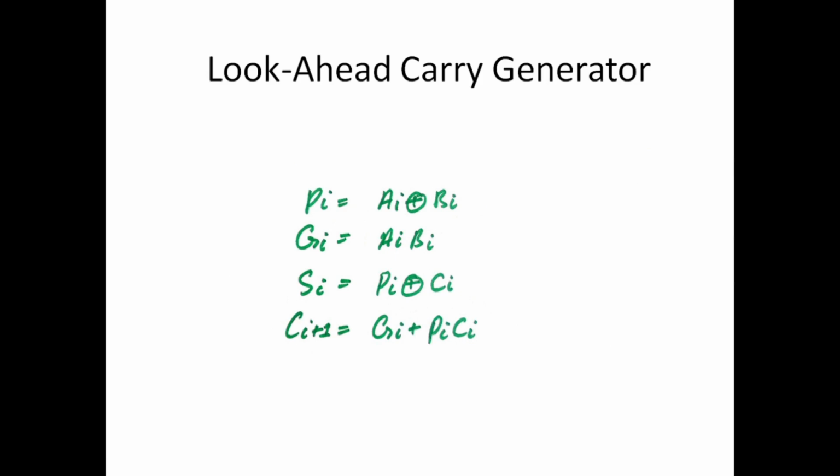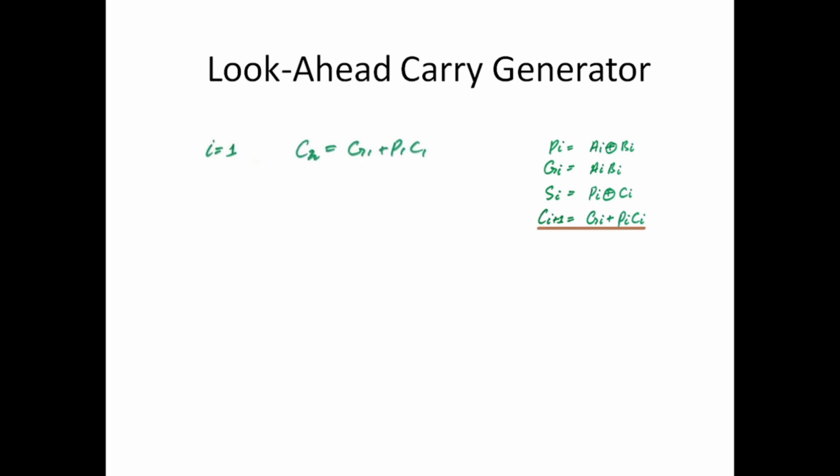So what we are actually trying to do is design a look ahead carry generator. As the name shows, this generator would try to predict the carry without waiting for the previous full adder. These are the 4 equations derived from the previous slides.